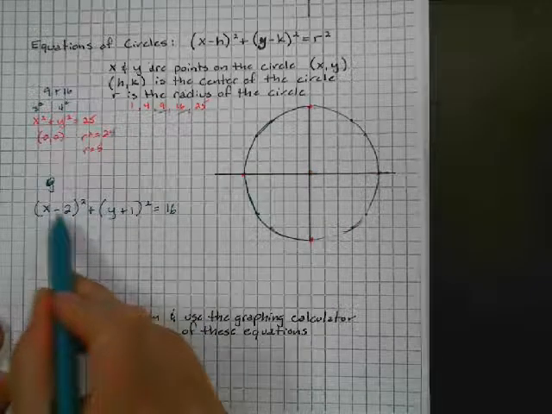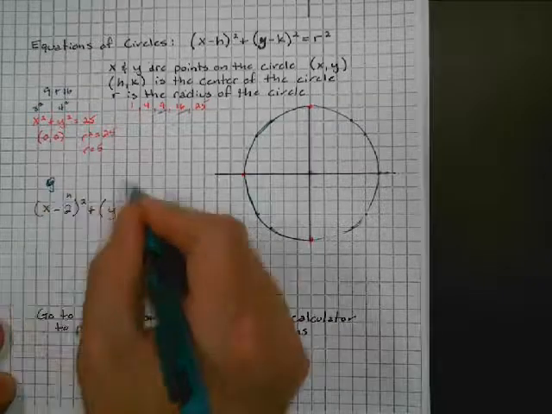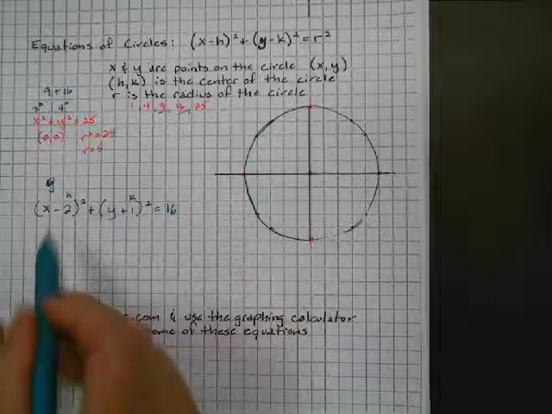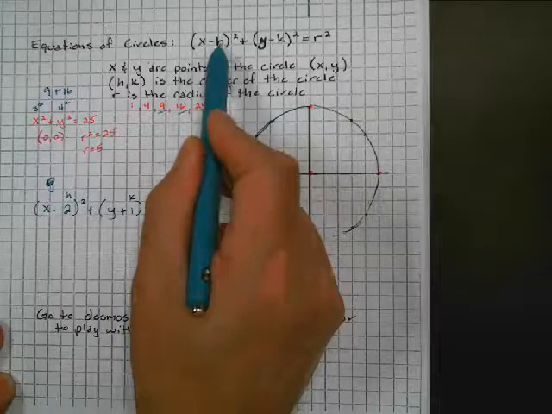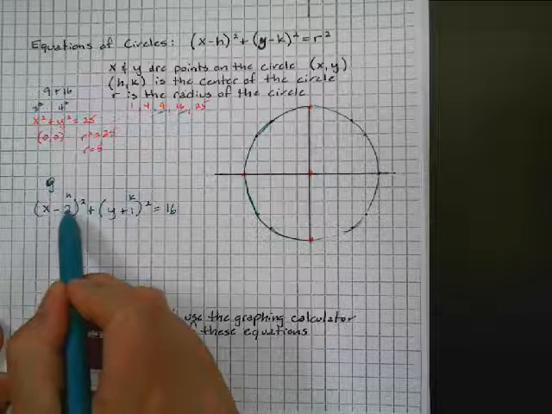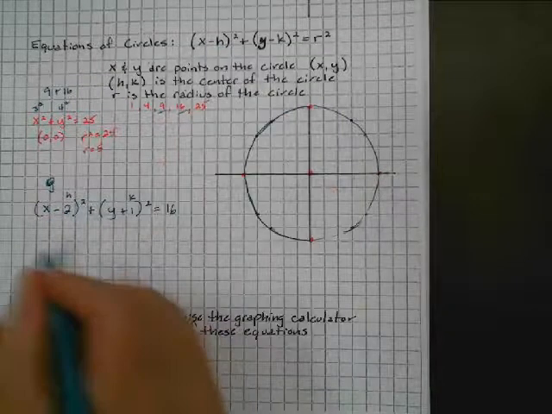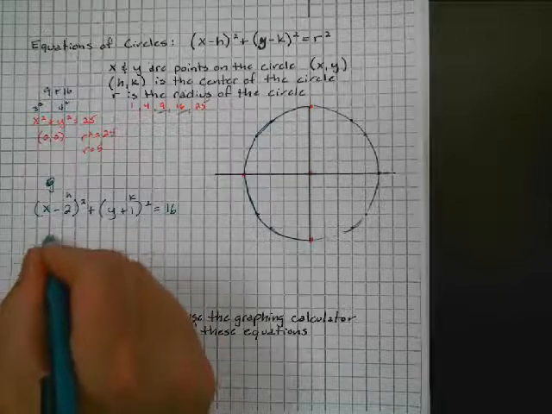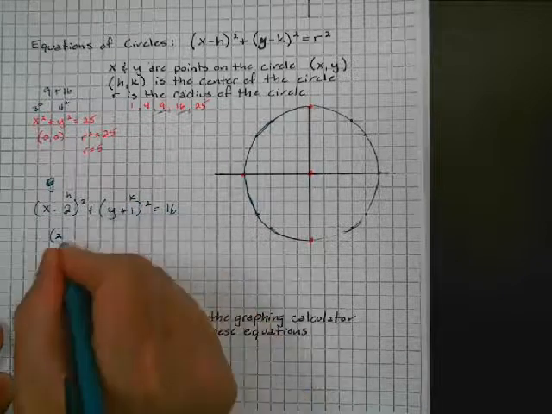So this one right here, minus 2, remember we take the opposite because this equation up here says minus h. So h must actually be positive 2 because if you plug in 2 here, it becomes negative. So our h value is 2. Our k value, we have to take the opposite, is negative 1.